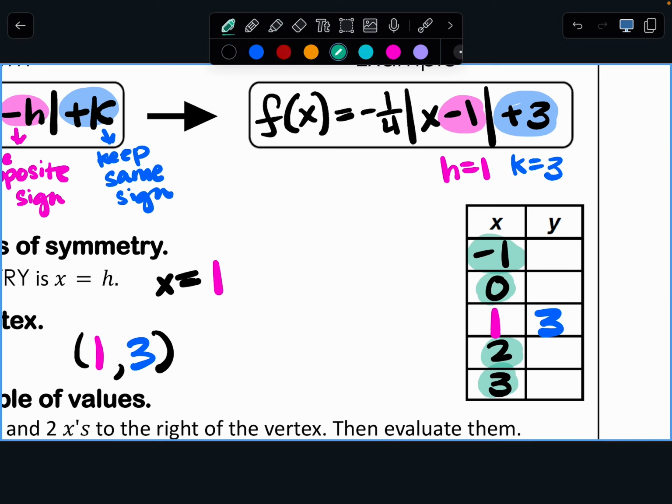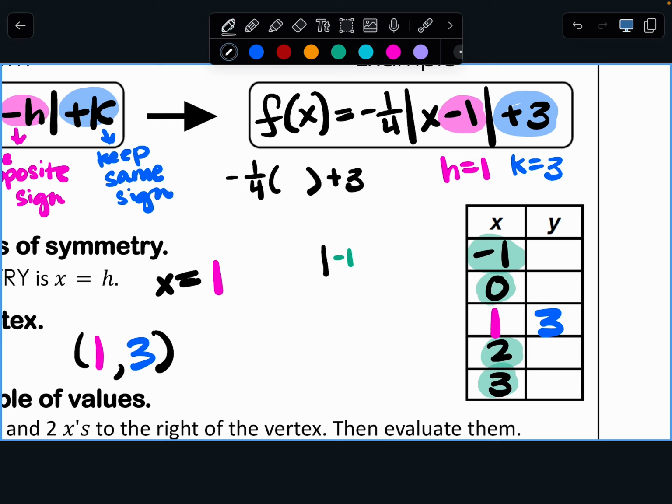So the first thing I like to do is rewrite the function with, instead of the absolute value portion, just a parentheses. So this is what I'm going to type into the calculator, but I have to solve the absolute value portion first. So that's what I'm going to do here next to my table.